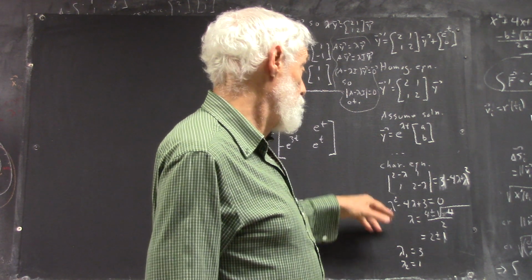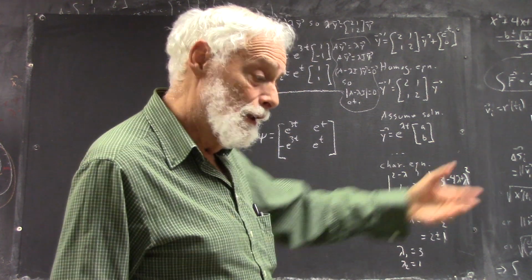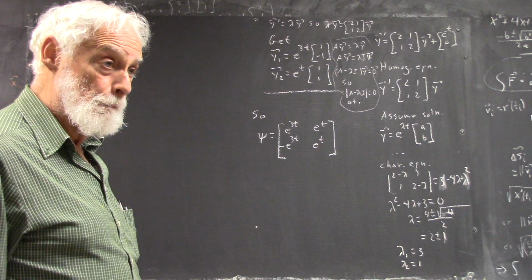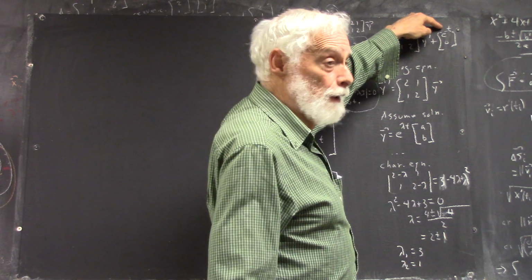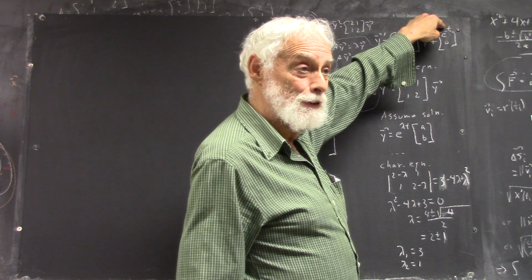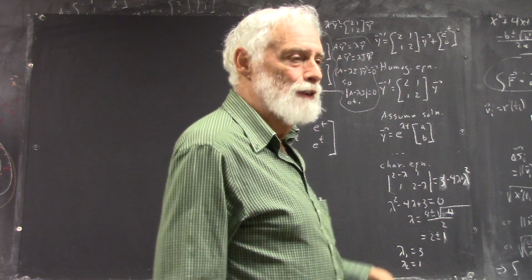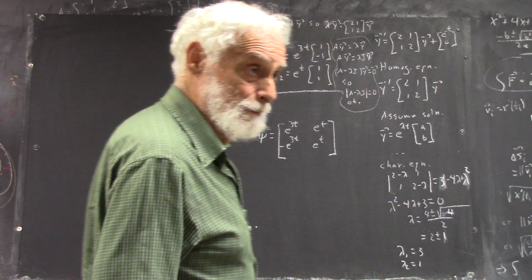You plug in 3, you get 9 minus 12 plus 3 equals 0. 9 minus 9 equals 0. Okay? Those are all positive. You might be looking at the negative exponent here, and you should be glad that this isn't an e to the positive t, because it would complicate things if this is part of your eigenvector. Okay?